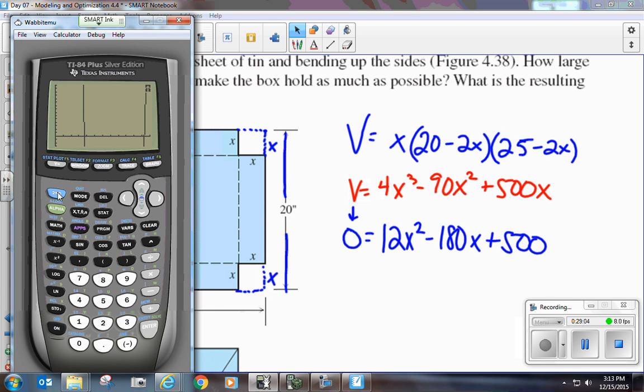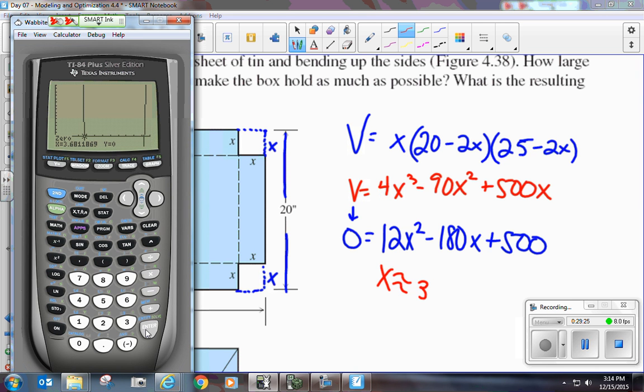Those are my zeros. And I'm going to do the bow tie. Alright? Left, right, that makes a bow tie, hit enter. One of my answers is 3.681. So x is approximately 3.681.